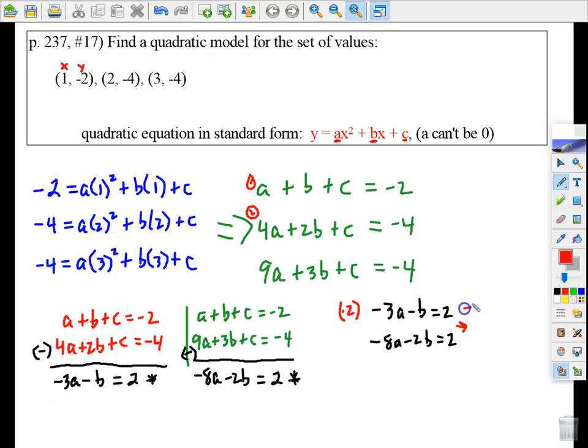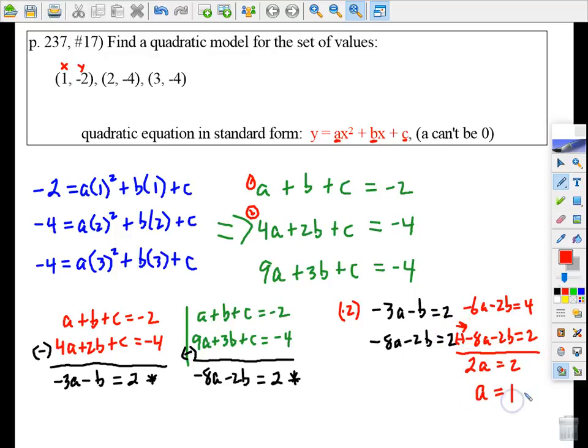All right, so negative 6a minus 2b equals 4. Negative 8a minus 2b equals 2. Bottom equation didn't have to change. So I'm going to be subtracting. Negative 6 minus negative 8 is positive 2a. The b's will cancel, and 4 minus 2 is 2.